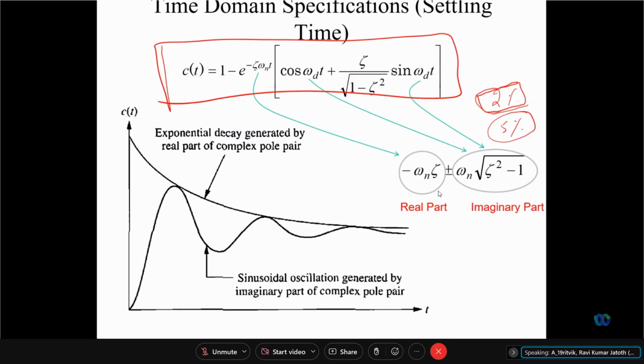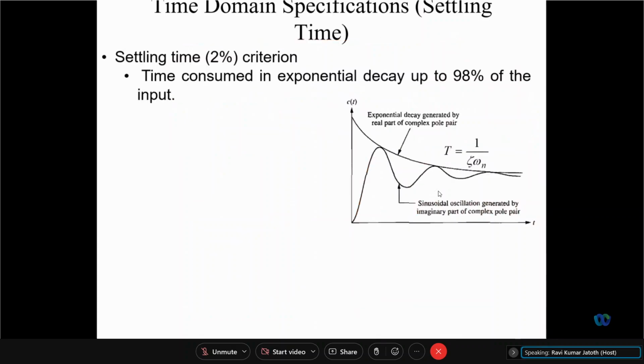Now here we have an underdamped system, the poles are minus zeta omega n plus or minus j omega d, where omega d is omega n under root 1 minus zeta square. The real part contributes the exponential decay, and the imaginary part is the oscillation in the response. For the 2% criterion, consider the time consumed in exponential decay up to 98% of the input.